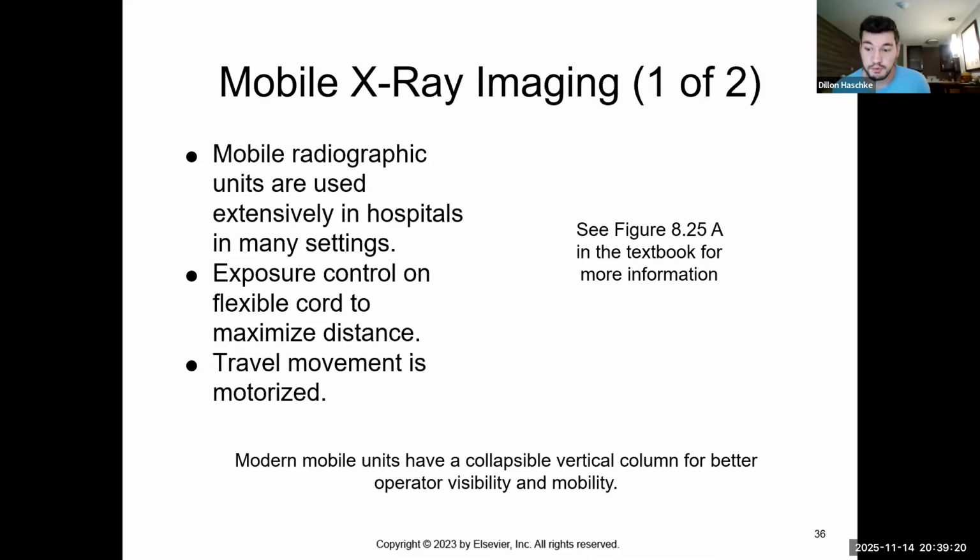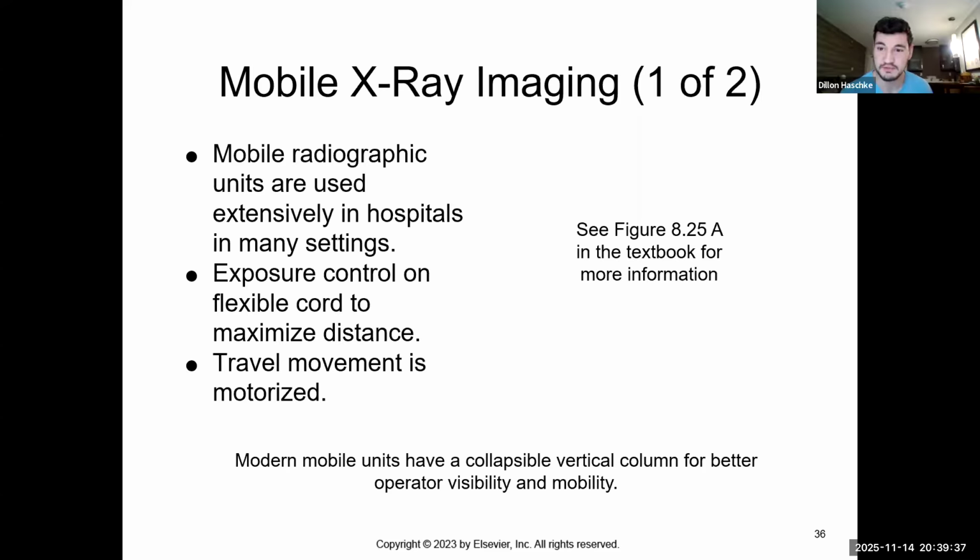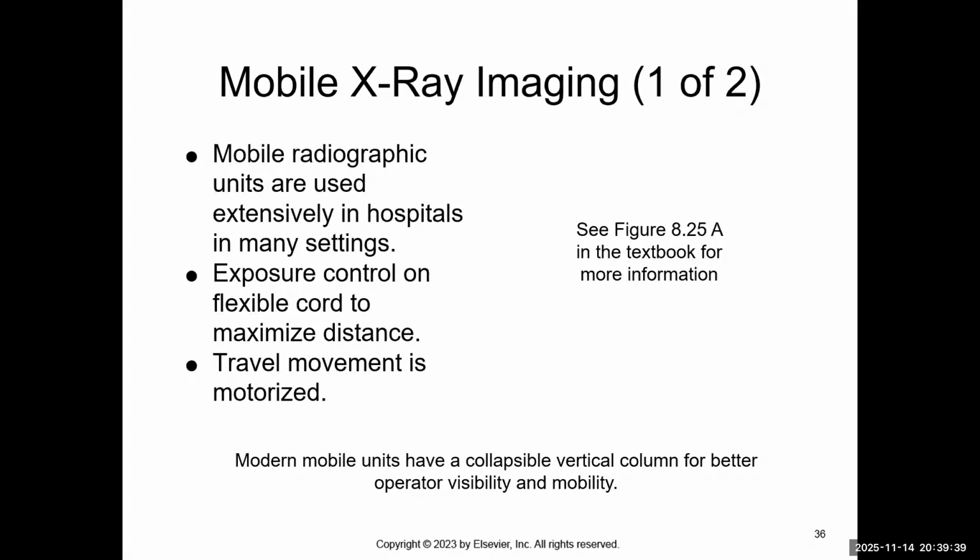It's a unit that allows you to move around to different places other than being stuck in one certain area. You can see a lot of them in places like emergency rooms where they have to go from room to room, or in different situations where they need to travel, and it gives more mobility to the unit. Okay. So just like Dylan stated, our mobile units, sometimes we call them portable units.